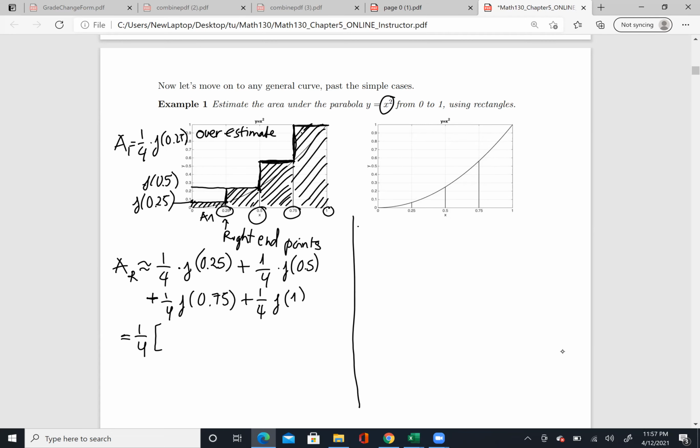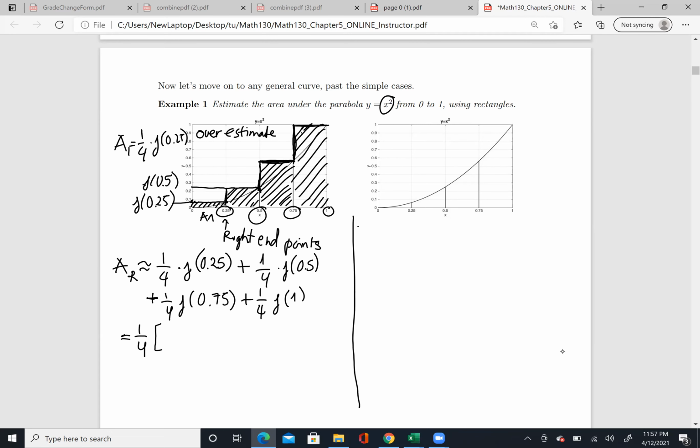And that's going to equal 0.2188 as the answer.